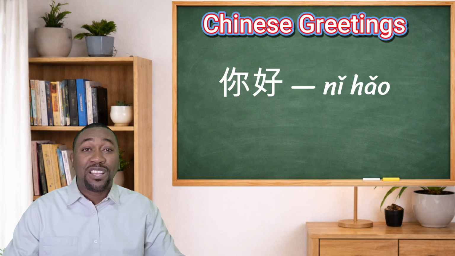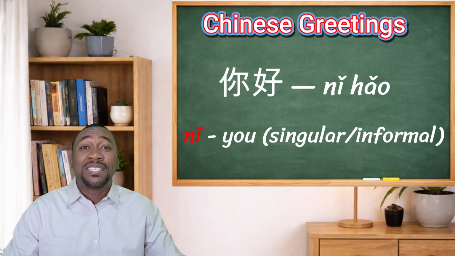That is more casual and informal. Why is that? That is because ni is the informal version of you and is normally used for friends, family members, and people who are younger than you. So when you hear ni hao, it implies some degree of familiarity.